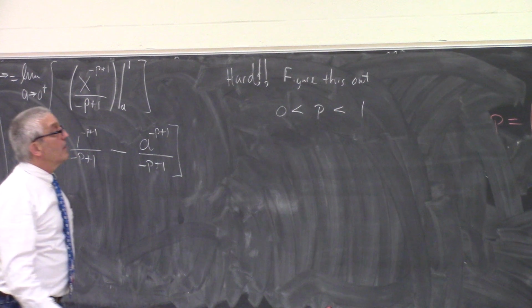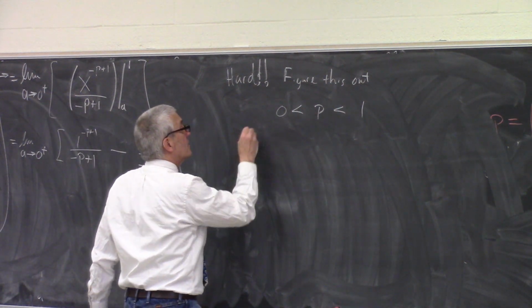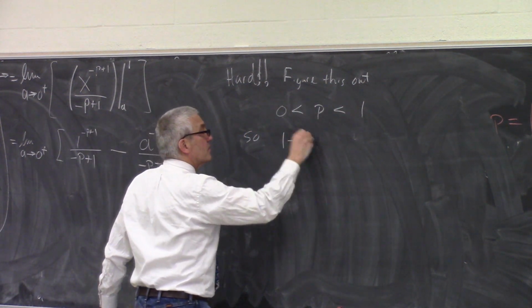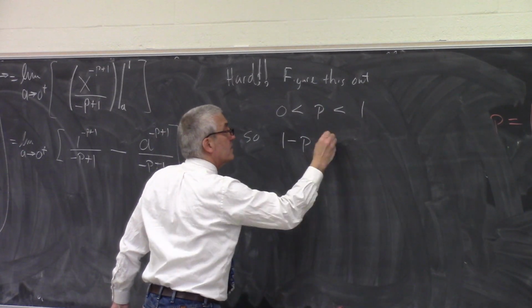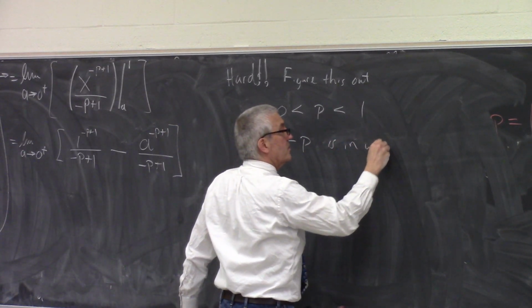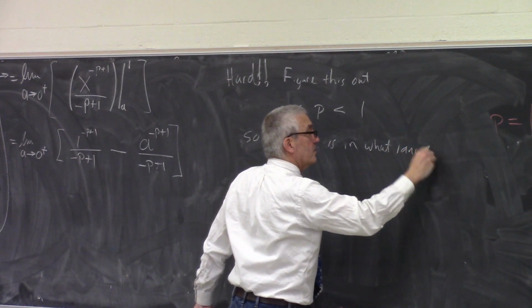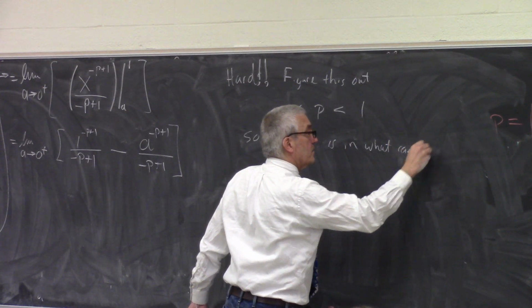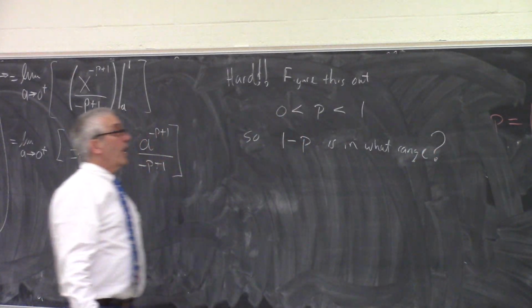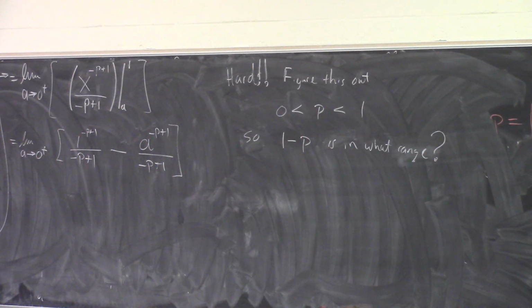So what about, I have a number that's between 0 and 1, and I'm going to take 1 minus that number. So what's my result going to be?